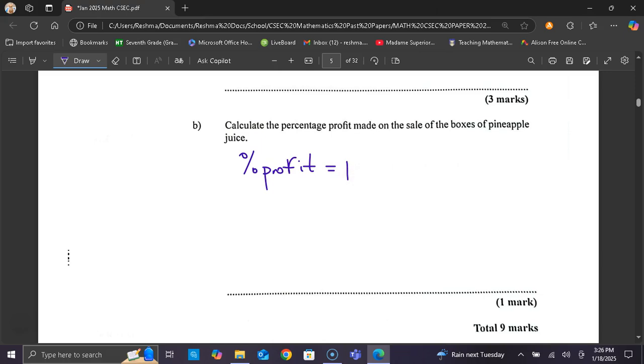Percentage profit is profit over cost price times 100. Now, let me show you how we can work out the profit.